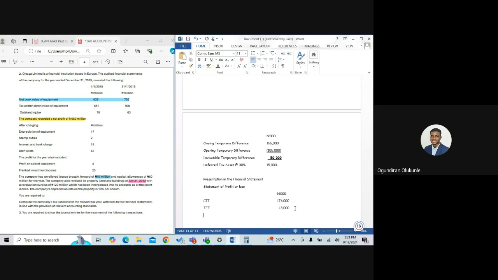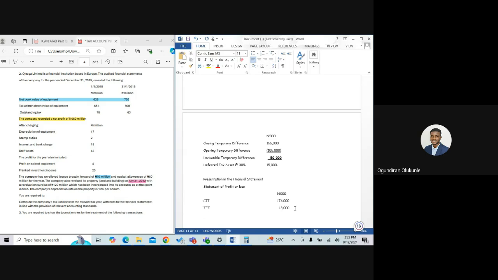So we have TET at 13,000. Then the next thing we have is, do we have any over or under provision during the year? We do not have any in the question, right?